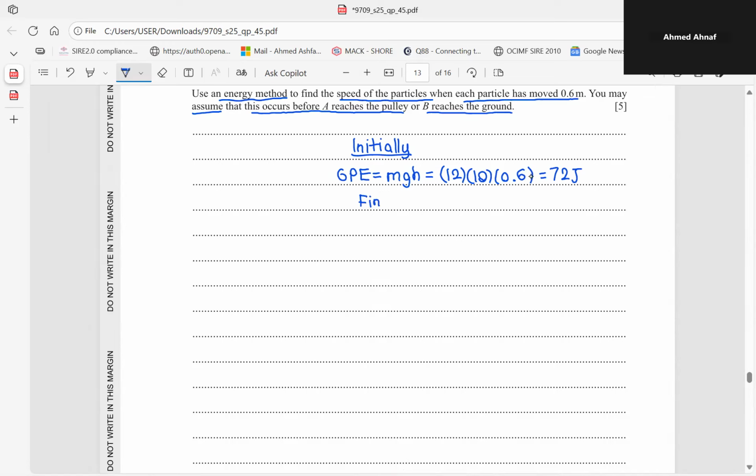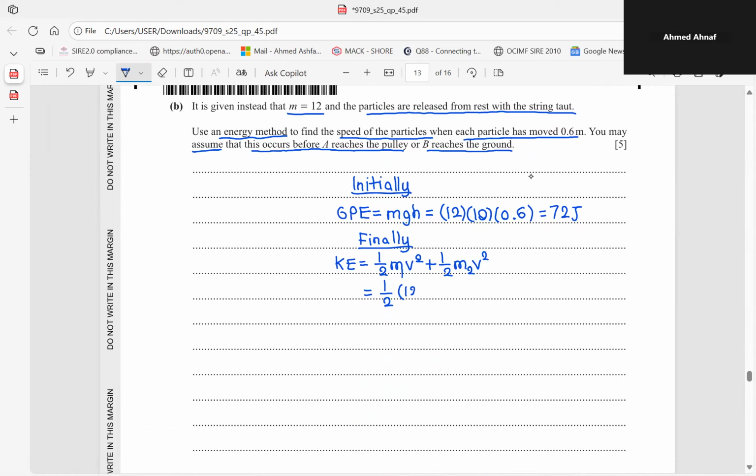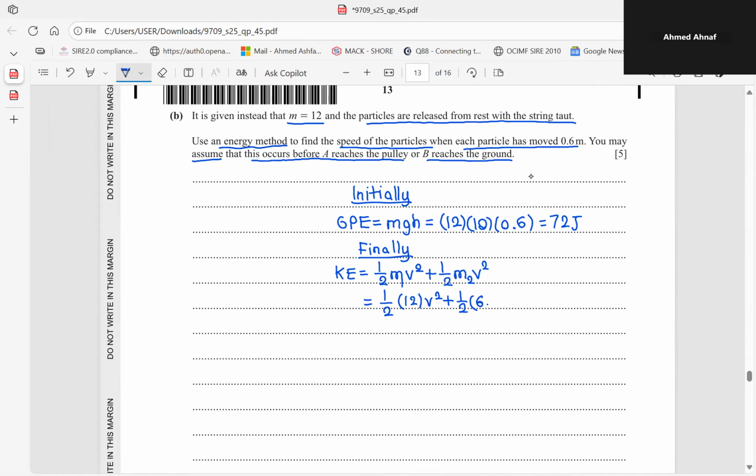So finally, we have KE equals half m1 v squared plus half m2 v squared. m1 is 12 kg, so half times 12 v squared plus half times 6.5 v squared.